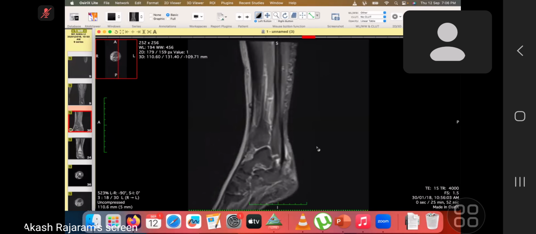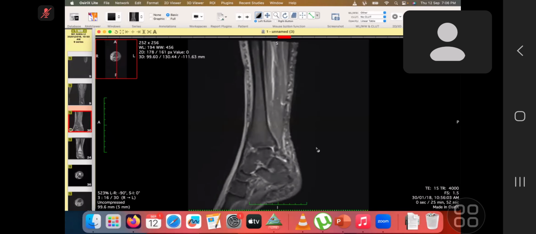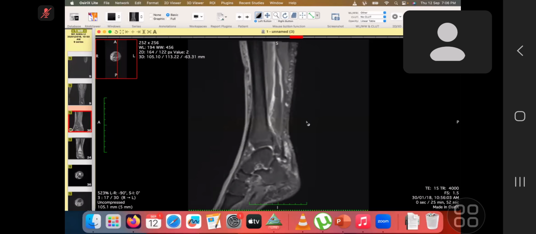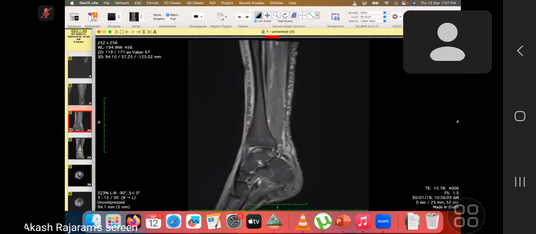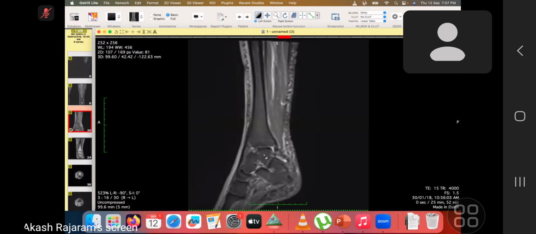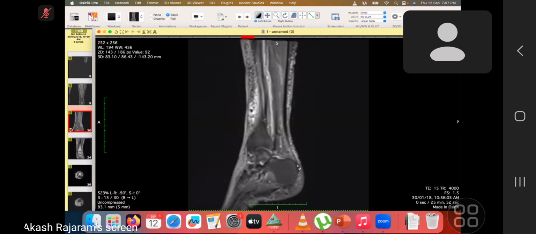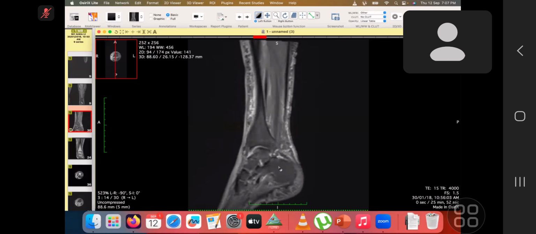So I could appreciate that in this sequence, this is a T2 fat saturated sequence showing some hyperintensities in the talar dome region. There are some hyperintensities at the posterior subtalar joint as well.